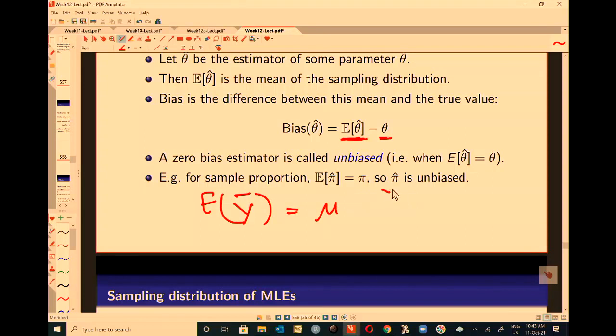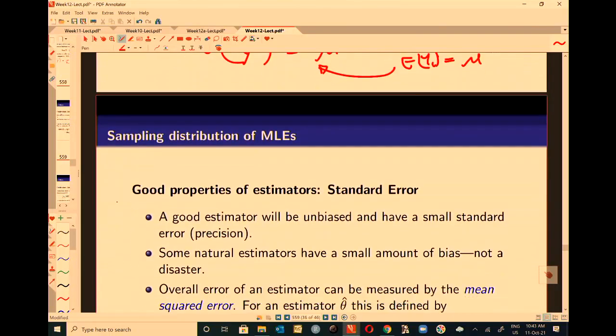So if my y's all have mean equal to mu, and I take the average of the data, the average is an estimator for mu, and its expected value is also equal to mu. That's why it's unbiased. So the sample average is unbiased for the population mean, and the sample proportion is unbiased for the population proportion. We saw those kinds of things earlier. That's what unbiased means.